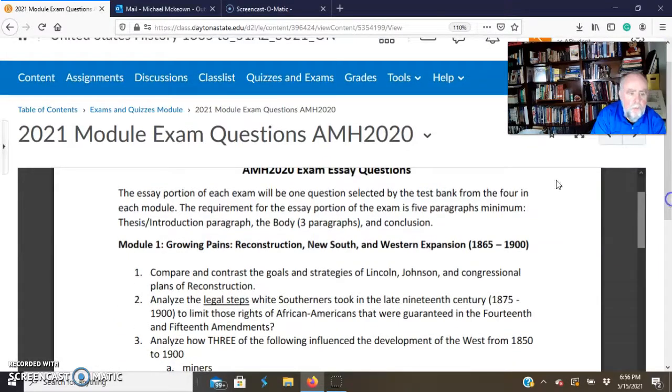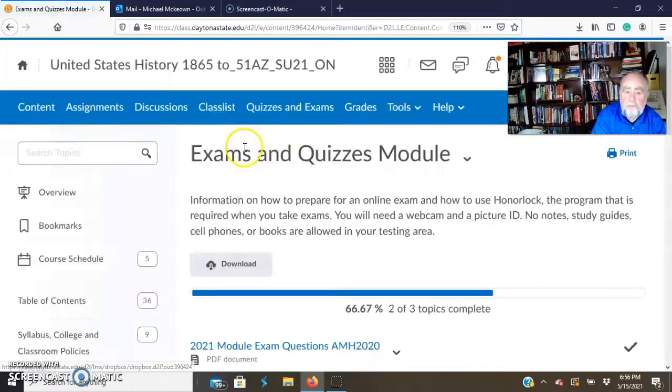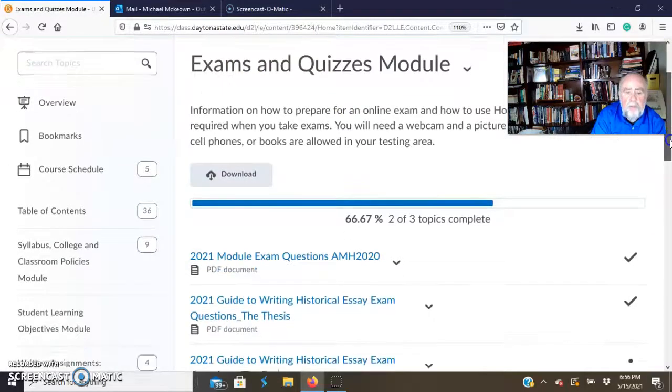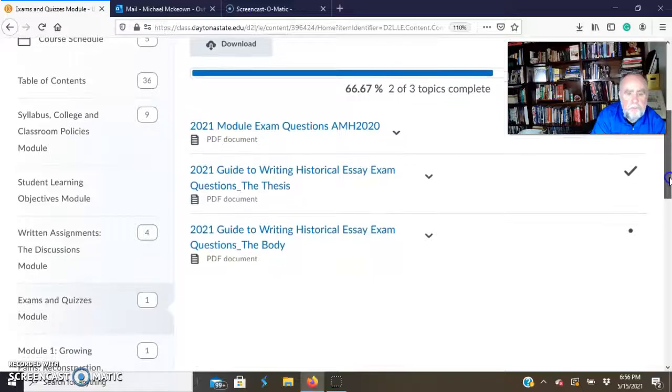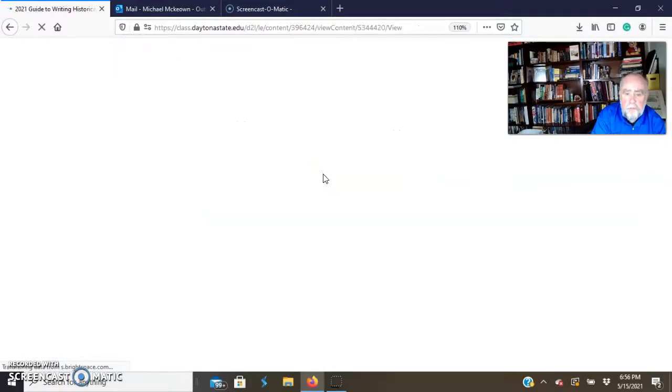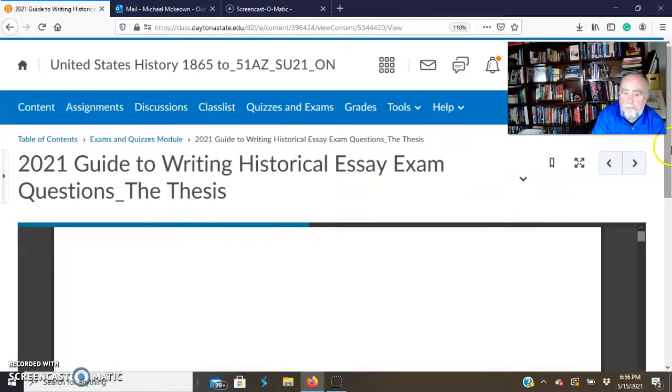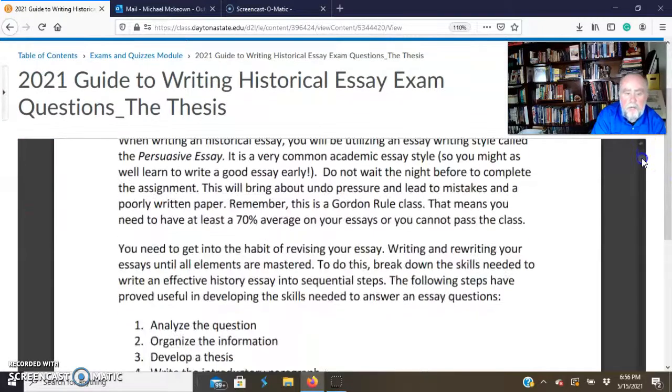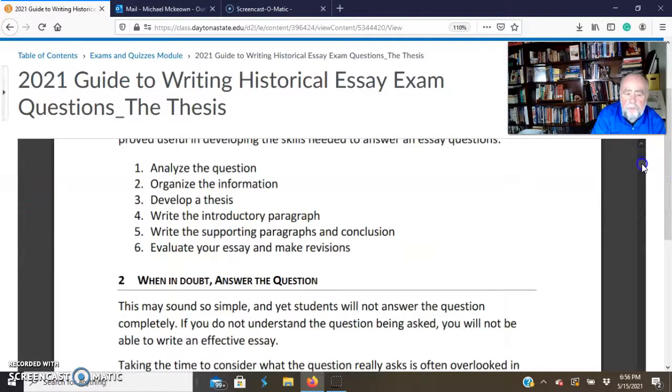Now, to also help you write better for the exam questions, I also have documents, such as the Guide to Writing the Essay Exam: The Thesis, and it gives you step-by-step instructions on how to write a college-level thesis and what to look for.